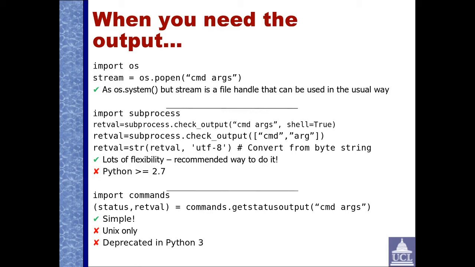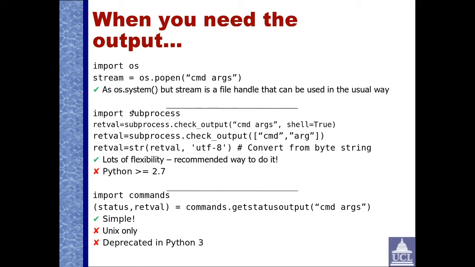And this is similar, except that we're having a program running and we're opening access to write to another program which can then send results back to us. So in this case we call os.popen, we pass it the command and arguments, and what comes back, this stream, is actually a file handle that can be handled in exactly the normal way in order to read the results back from running this program.